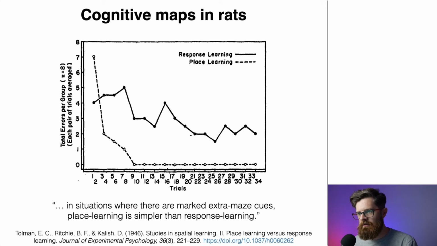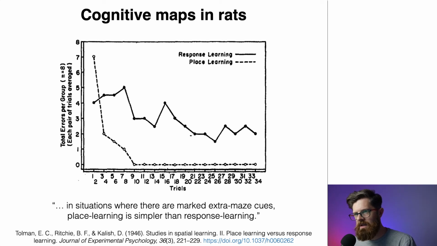So in this graph we have experimental trials along the x-axis. So each trial the rats will be learning, or maybe, and along the y-axis we have the total number of errors. And so there were 8 rats per group.